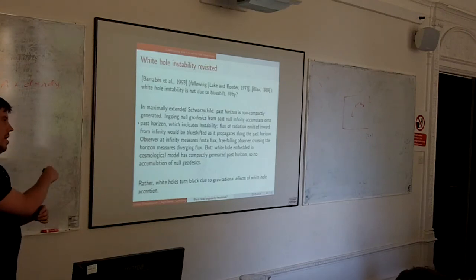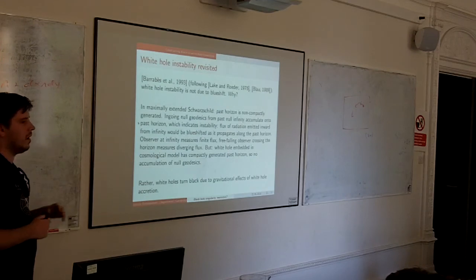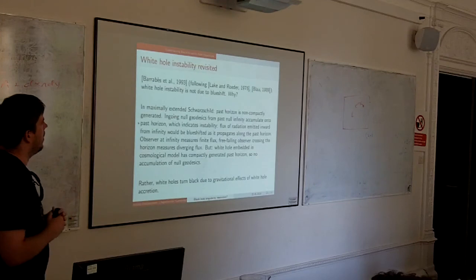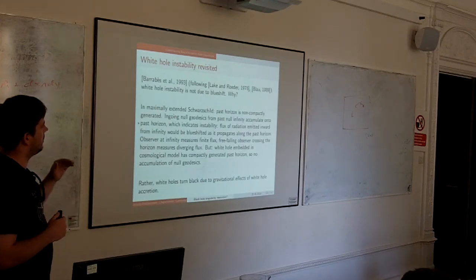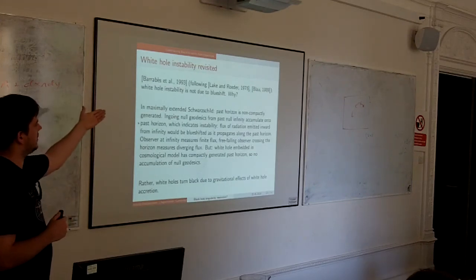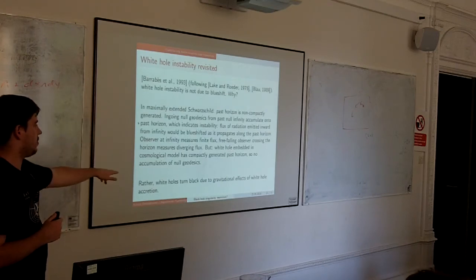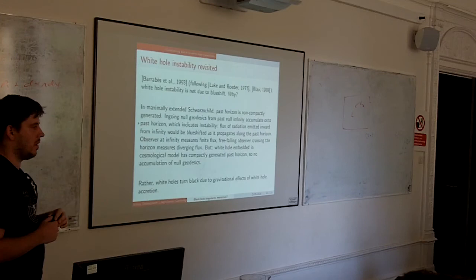True, Erdely in '74 argued that blue shift is the reason for white hole instability, but subsequent analysis in the literature departs from that, and the consensus which emerged from that seems to be that white hole instability is not due to blue shift, but due to gravitational effects of white hole accretion.